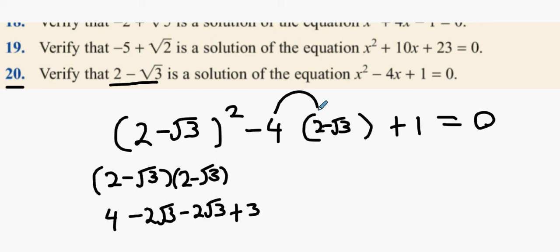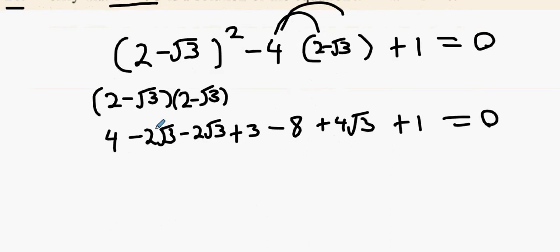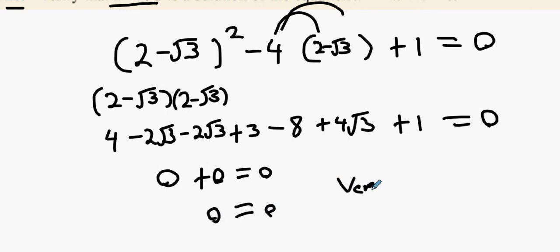Then in here, plus 1. Let's see if what we think happens will happen. 4 plus 3, 7, take away 8, minus 1 plus 1, minus 2 root 3 minus 2 root 3, plus 4 root 3. So essentially when 0 equals 0, it's verified.